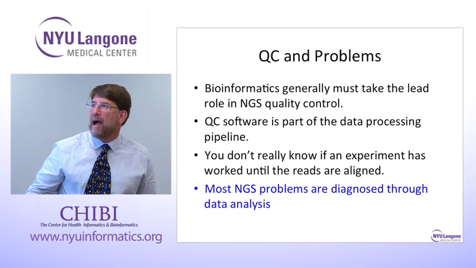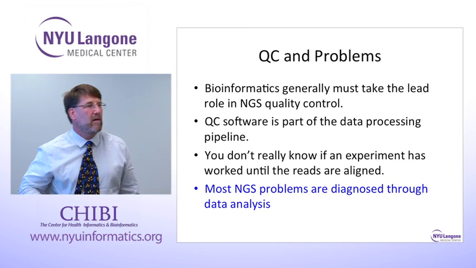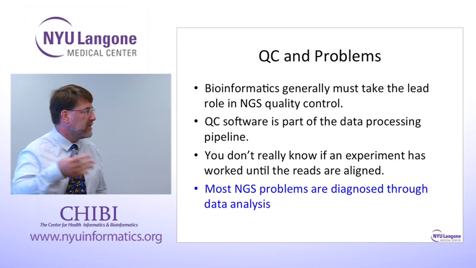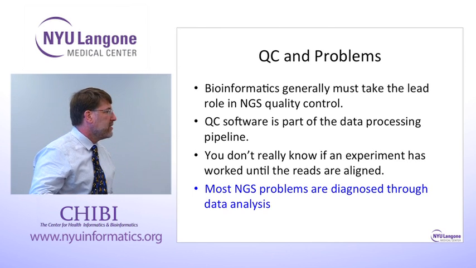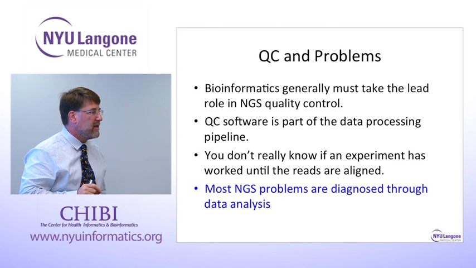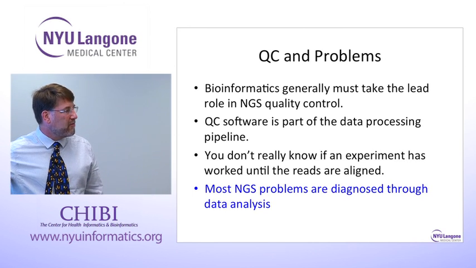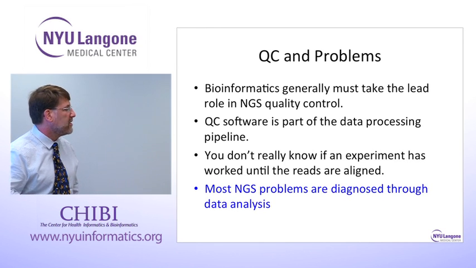I also wanted to point out that a lot of the quality control can only be done after you've aligned the sequences onto the genome, because that's when you know what you've got. So you can do all the quantitation and gel running you want on the sample before you run it through the system, get the sequences, map the sequences back to the genome.